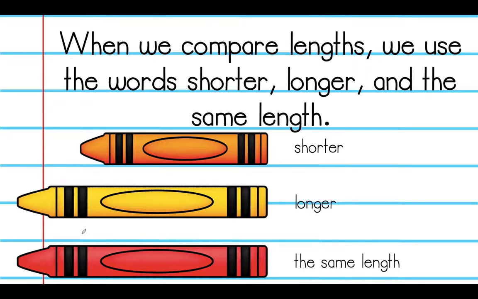And then if we take a look at these two, the yellow and the red, we can see that the tips here are exactly the same. And here they are lined up right next to each other. And so they are the same length, okay? All right. And now we're going to move on to the next one.